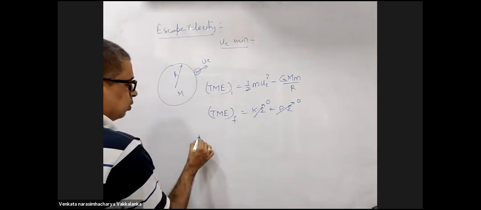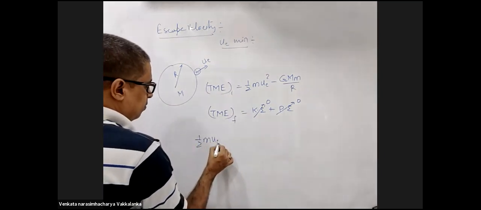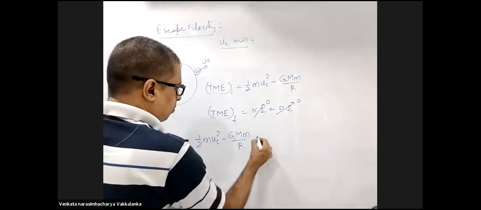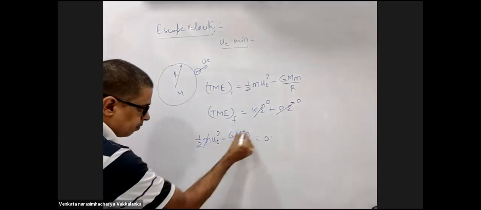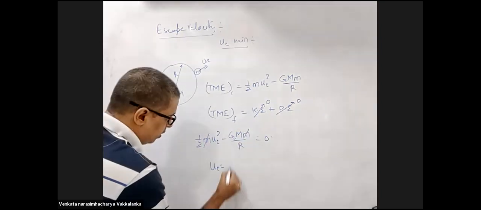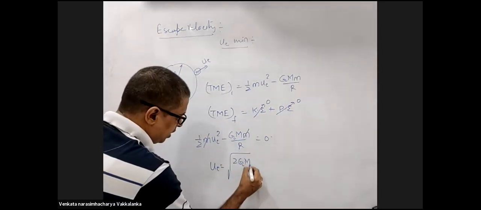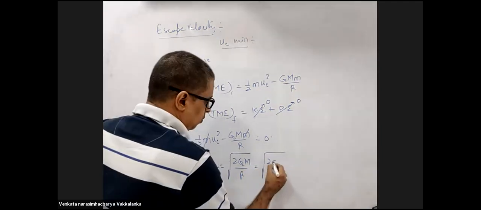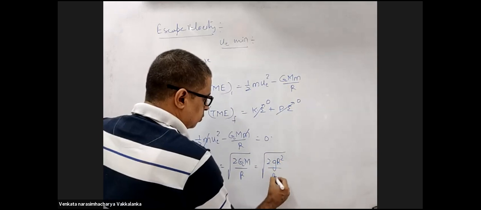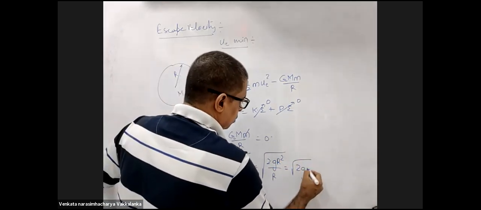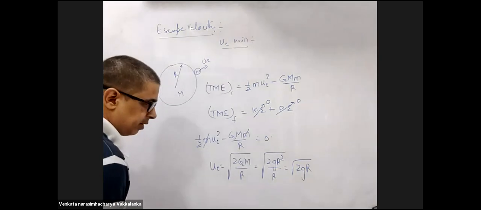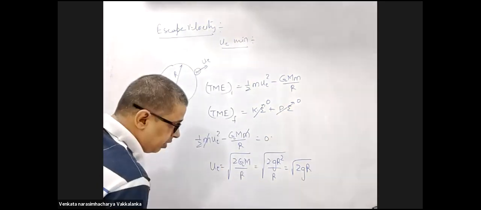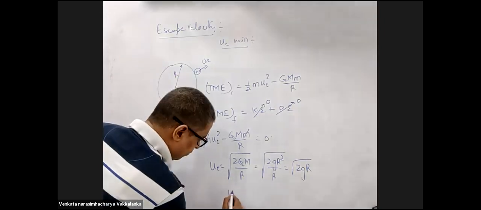Now equating the total mechanical energy, half m UE square minus G capital M small m by R is zero. UE is root over 2GM by R, which is root over 2gR square by R, which is root over 2gR.